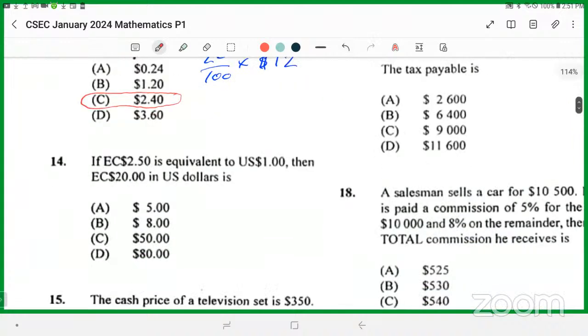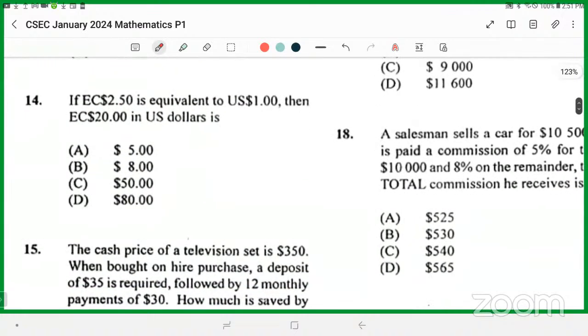Next question says, EC $2.50 is equivalent to US $1. Then what is 20 EC? What I would do in this question is build up from this. Or you can say how many $2.50 is in this number, and that's the number of US. Or you can divide this by that.